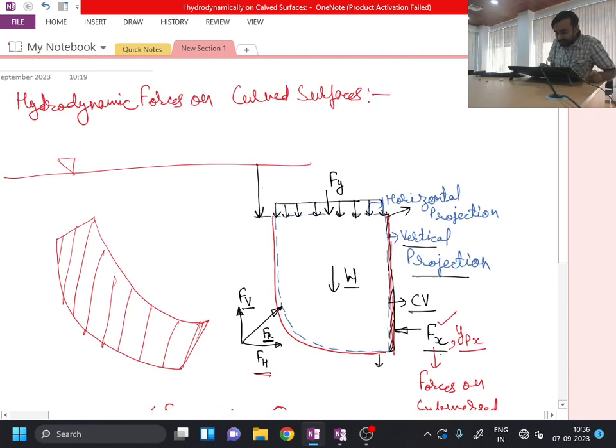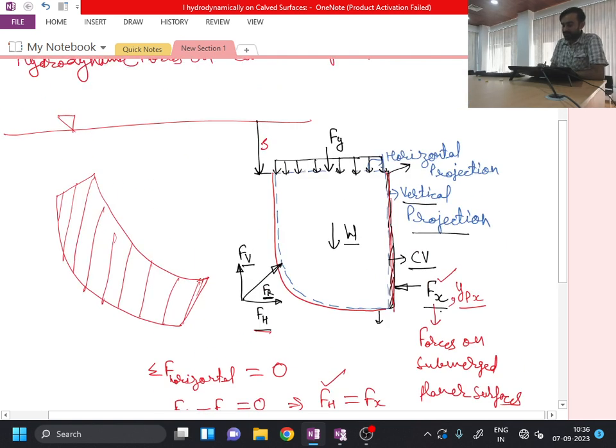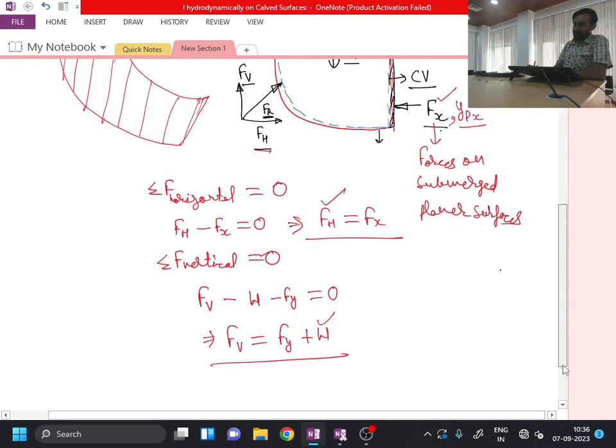If I say that S is the distance up to which it is submerged, then the total pressure which is acting at this point will become P equal to P naught, if P naught is the pressure above the free surface, plus rho g s. And now how can I determine Fy? Fy will be nothing but equal to P times the area of the horizontal projected surface, the area of horizontal projection.